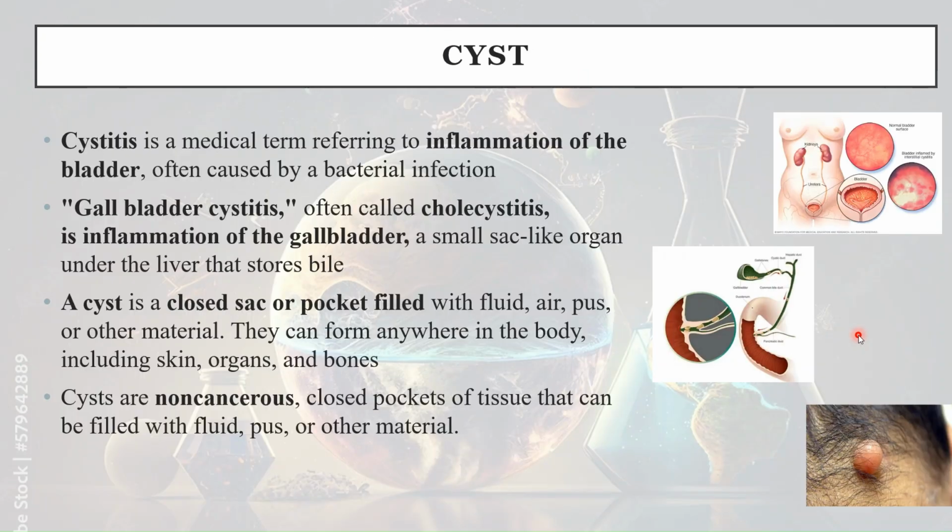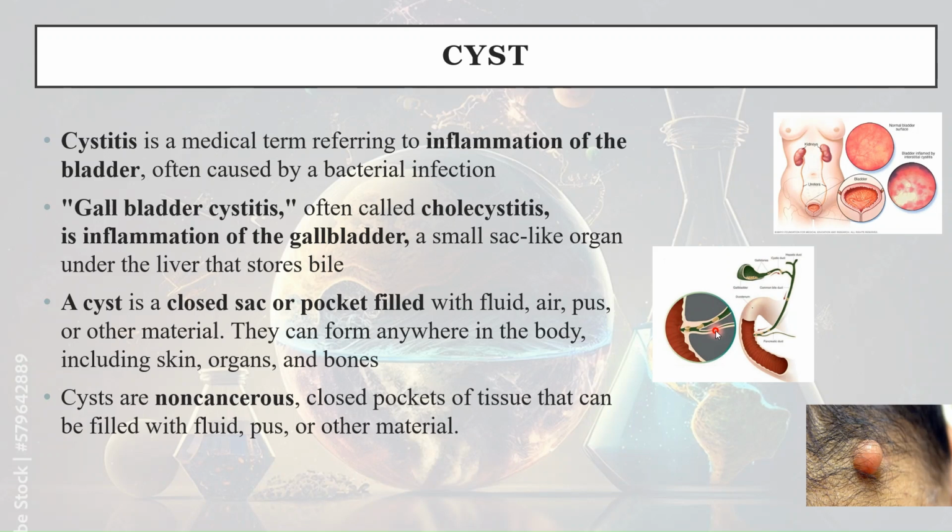Next, cyst. Generally, cyst has different meanings in science. One meaning goes with the bladder. Example, cystitis. If you have any inflammation in the urinary bladder, it is called cystitis. At the same time, if you have inflammation in the gallbladder, this is called gallbladder cystitis.